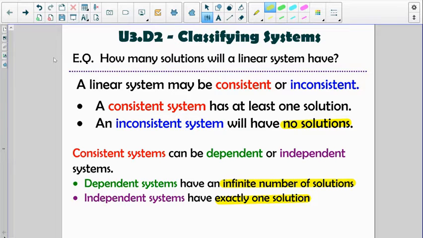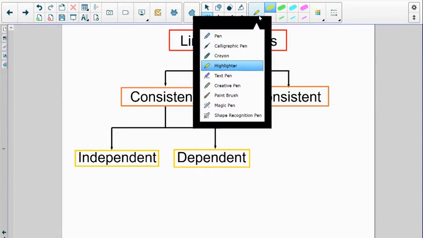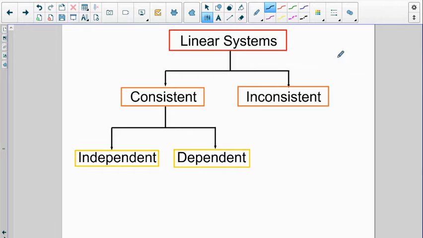I realize this can be really confusing because there's a lot of big words and new words without any visuals to go with it. However, I have a diagram for you, a tree map, which shows you a more organized way of looking at this. So all linear systems are either going to be consistent or inconsistent. If they're consistent, meaning they have at least one solution, they are either independent or dependent.